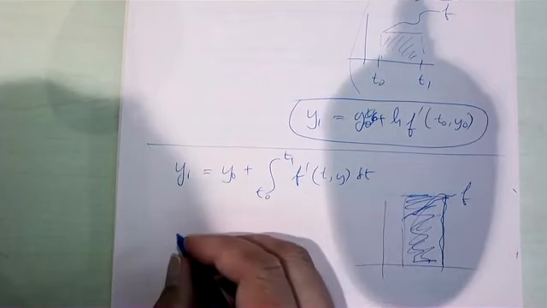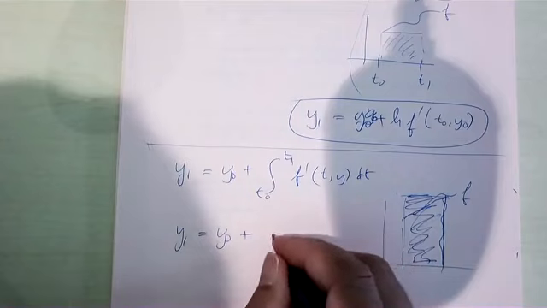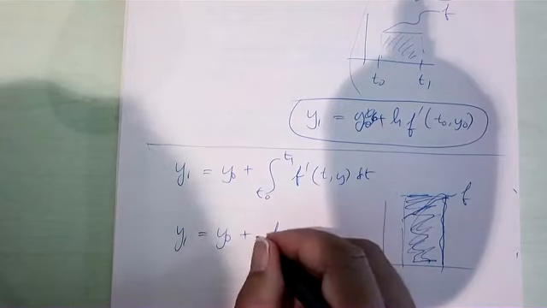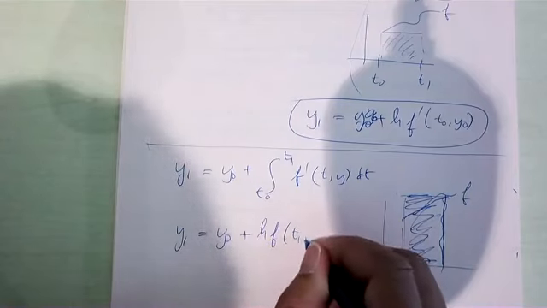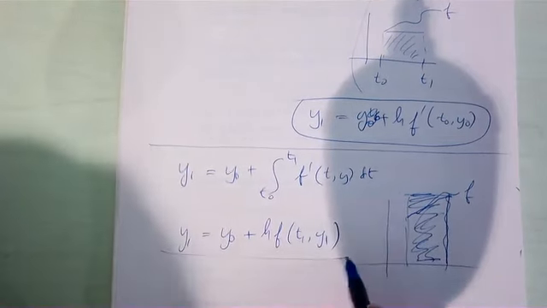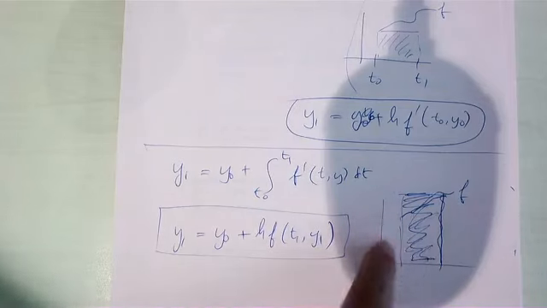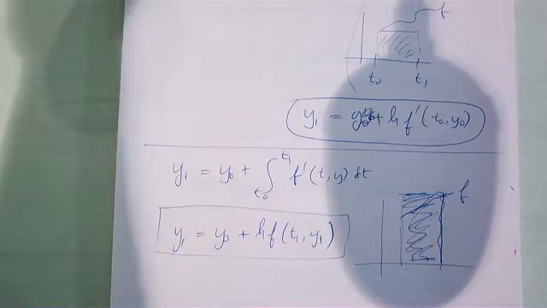Then I will have y1 is y0 plus h times f at t1, y1. And this will be the implicit Euler method. Okay, so that is the formula here. If we approximate by the right-hand side rectangle, then you have the implicit Euler method.